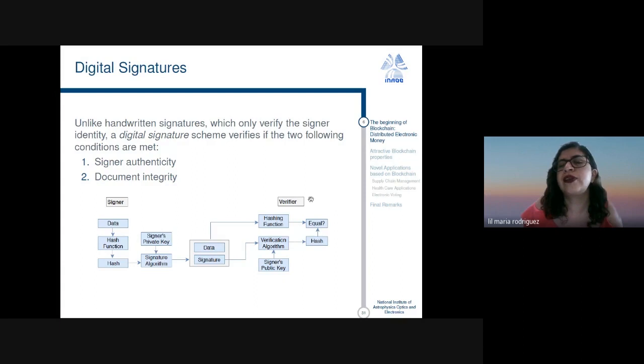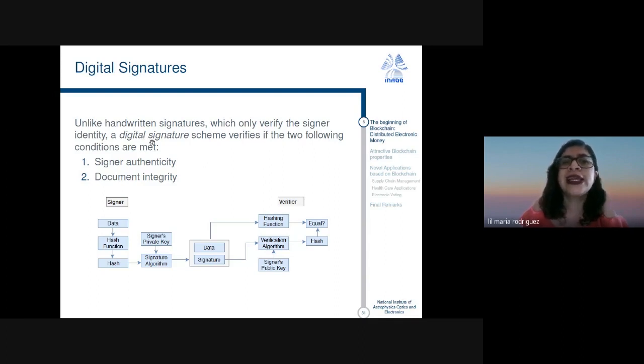So we can conclude that signer authenticity is okay, and the document integrity is okay as well. If something went wrong, then these two digests will be different, and we can check that something was wrong. So that's the idea.